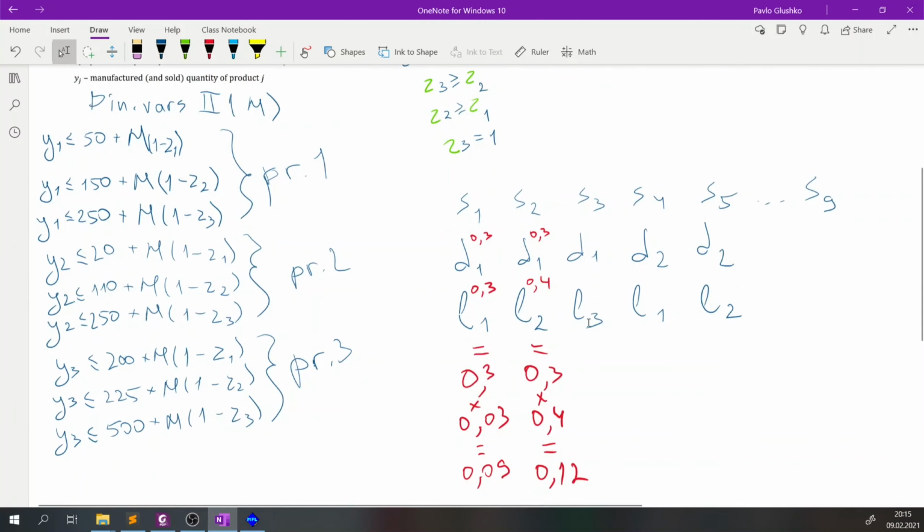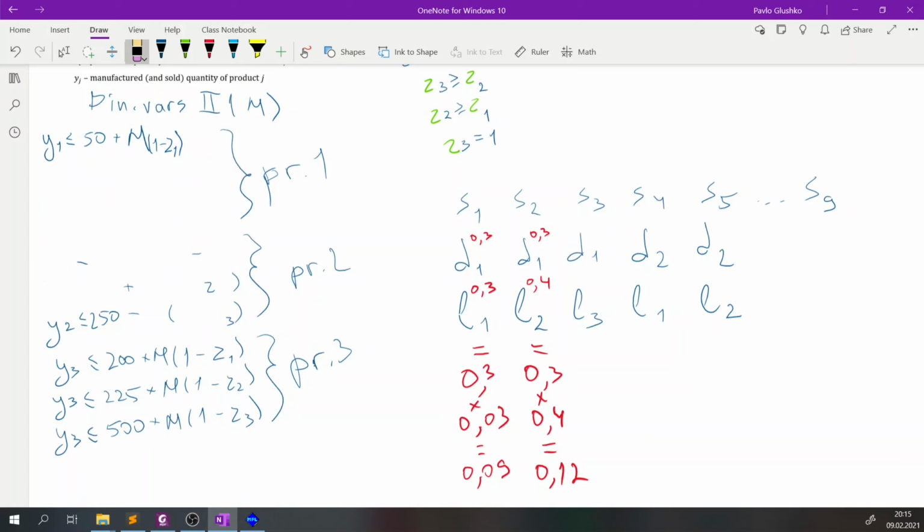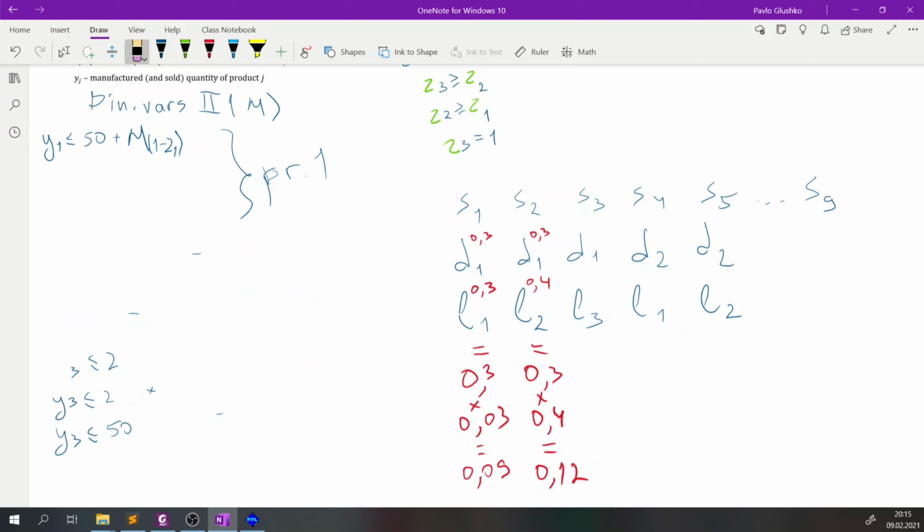Now, how will the constraint for product 1 look in this first generated scenario, S1? Of course, it will still have the demand from the first demand scenario, so it will be 50. Then, how will it look in the second scenario?